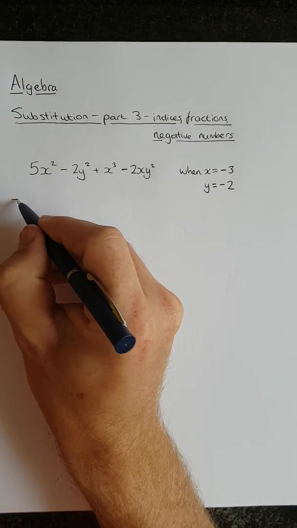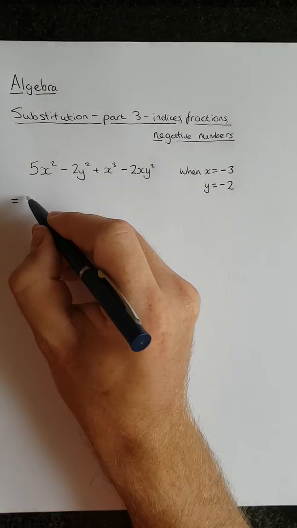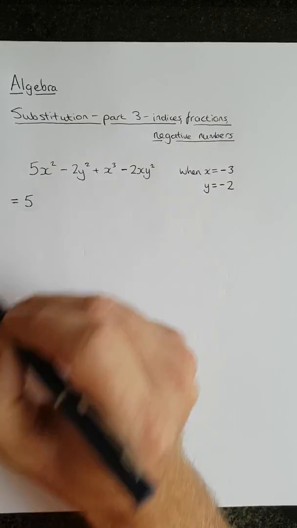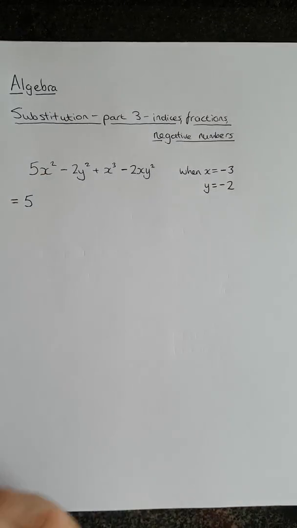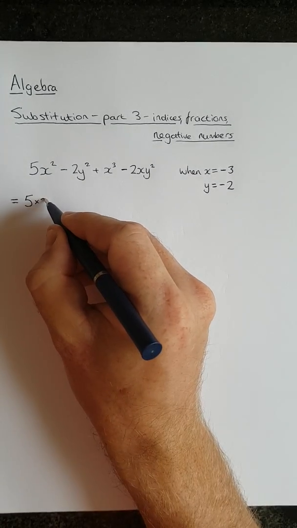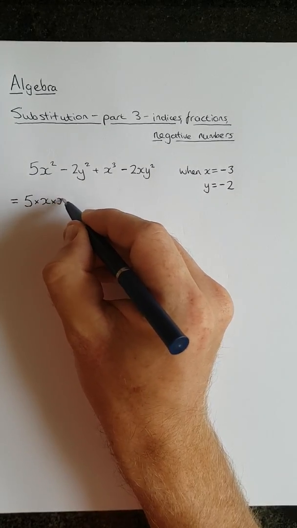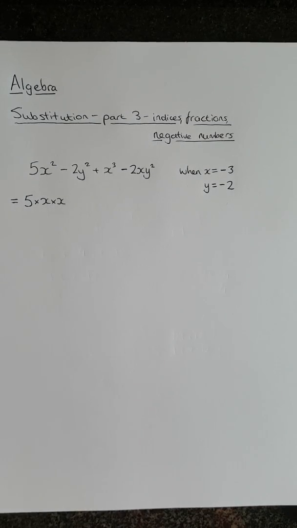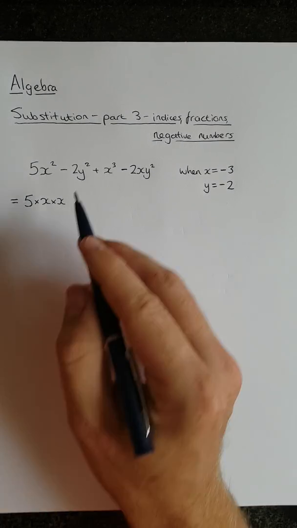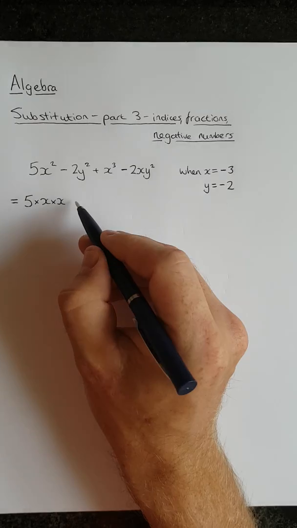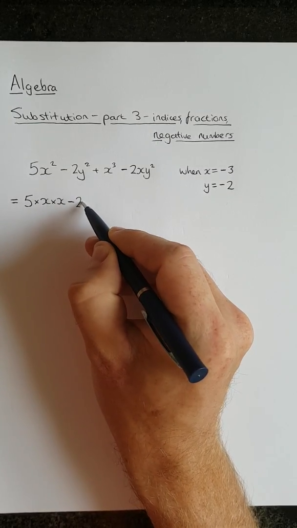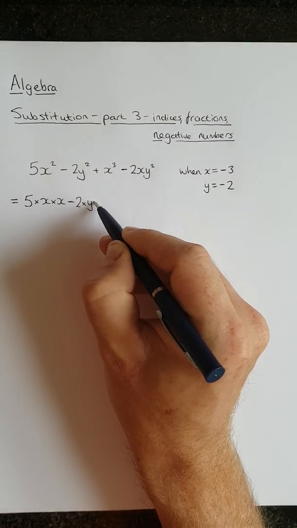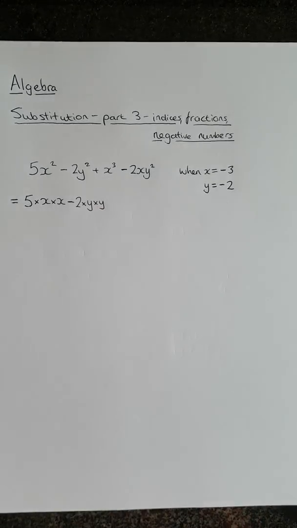So step 1, write out the meaning of what you have. So what does x squared mean? It means x multiplied by x. What does 2y squared mean? It means 2 multiplied by y multiplied by y.